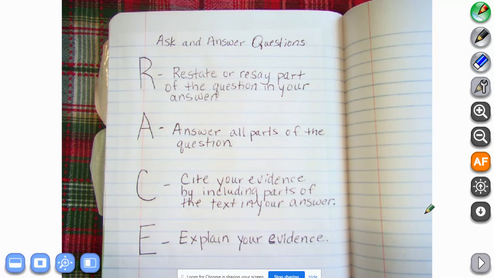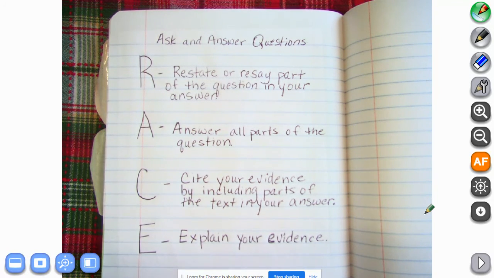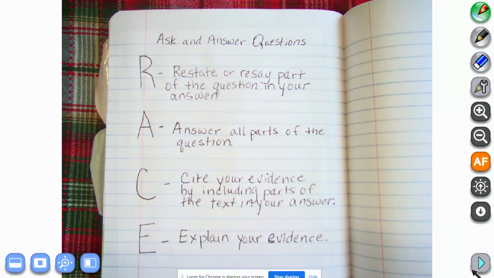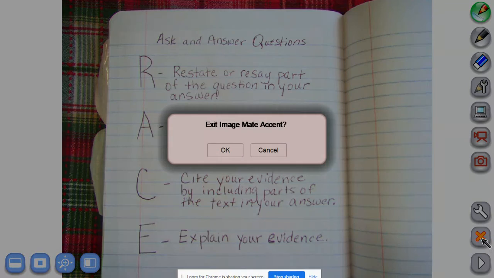So make sure you have this all written down, because tomorrow we're going to be doing a different activity, and you'll need to have these answers in your book. Go ahead and pause right now. I'm going to take us back to say goodbye, but I want you to make sure you pause right now so that I don't take it away. 1, 2, 3.